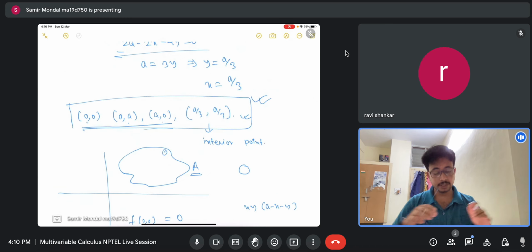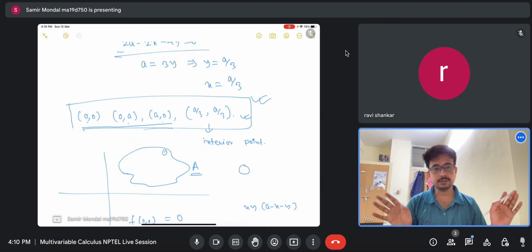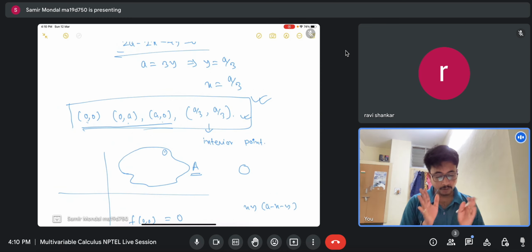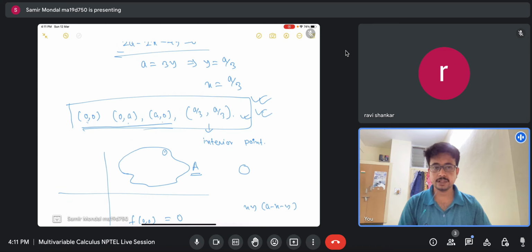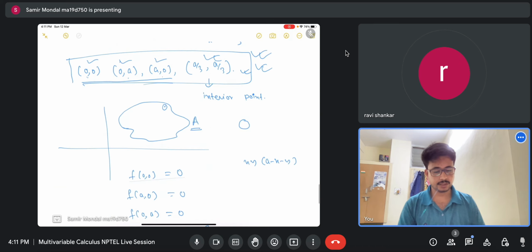Outside of those points are not extremum points. Only these four are the possible points of extrema. This one is 0, this one is 0, this one is 0. For this one we are getting a positive value, so this is your maximum value.